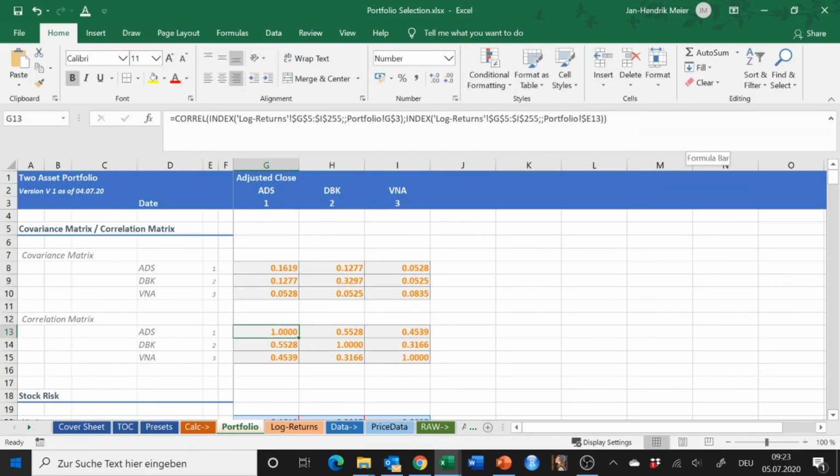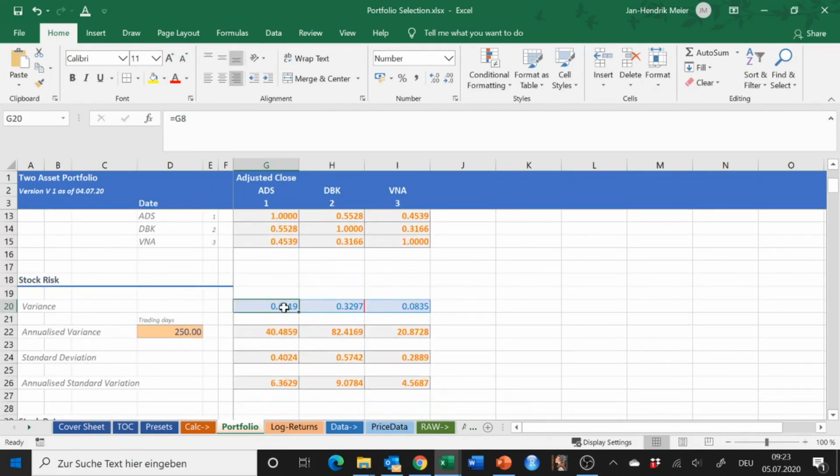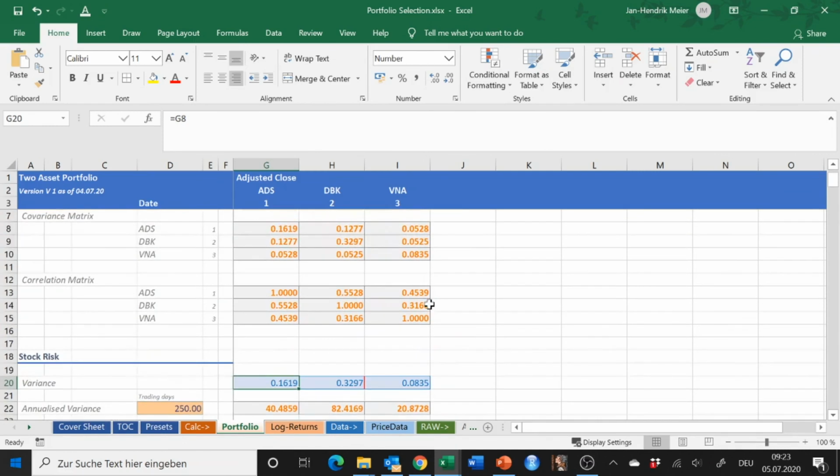We don't need to annualize if we do the same with the CORREL command, which just gives back the correlation coefficient. That one is standardized on its own, and we don't need to annualize anything there. A nice feature, of course, of the covariance matrix is that on the main diagonal we see the individual variances of Adidas, Deutsche Bank and Vonovia. So the stock risk can simply be taken from there.